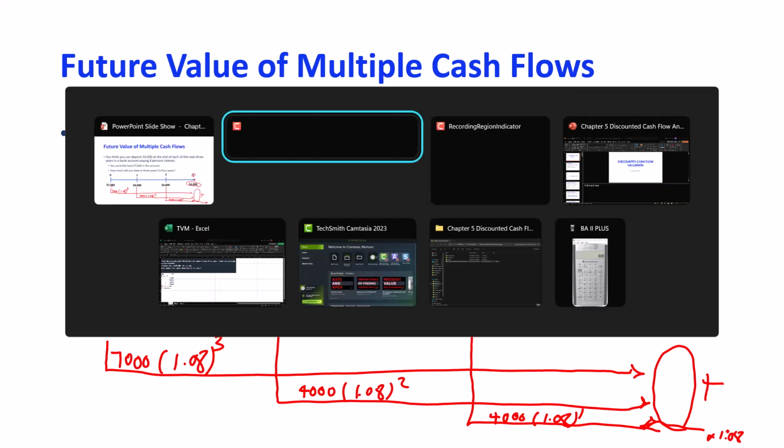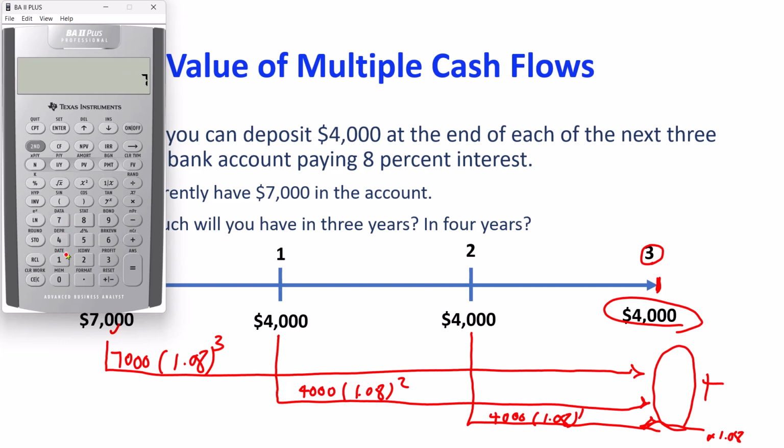So let's calculate this in the financial calculator. So first we have $7,000 today, and then you compound it for 3 years at a rate of 8%, and then you compute the future value. Right?